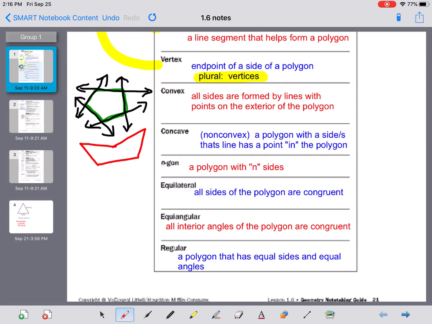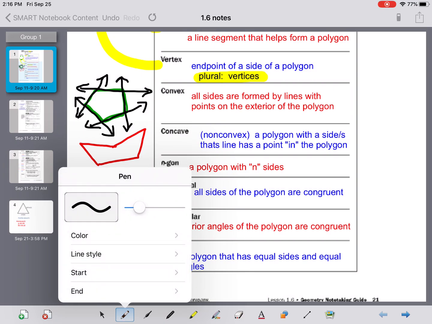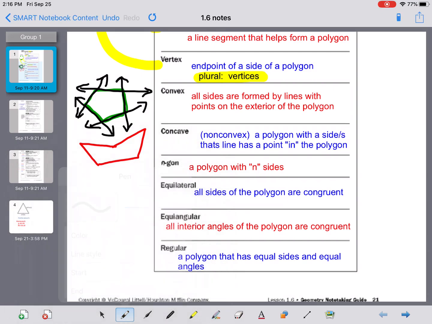It caves in. But let me go back to the definition they give us: a polygon with sides whose lines have a point inside the polygon. Okay, so I start tracing these. I make this side into a line. I make this side into a line. I make this side into a line. But look when I make this side into a line. All of a sudden, I cross inside my polygon. The same thing with this one.